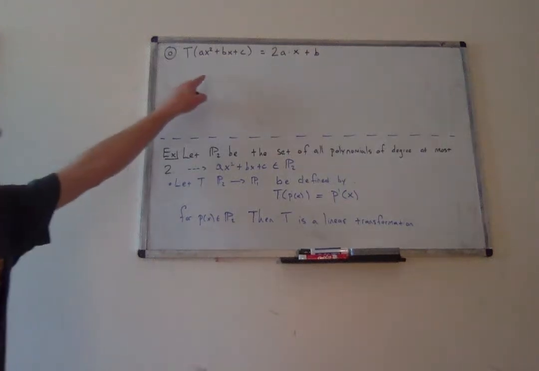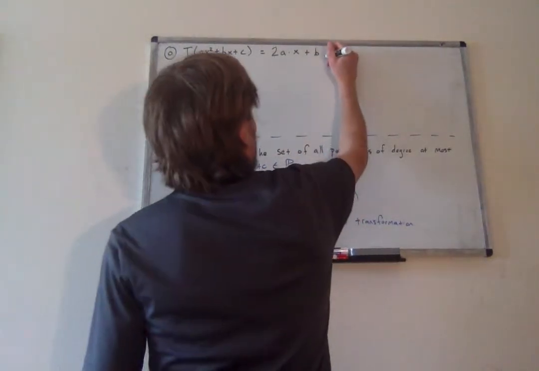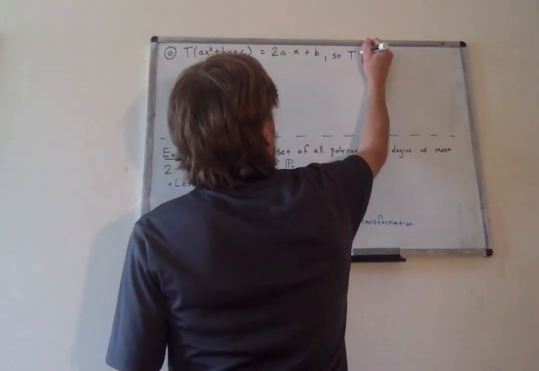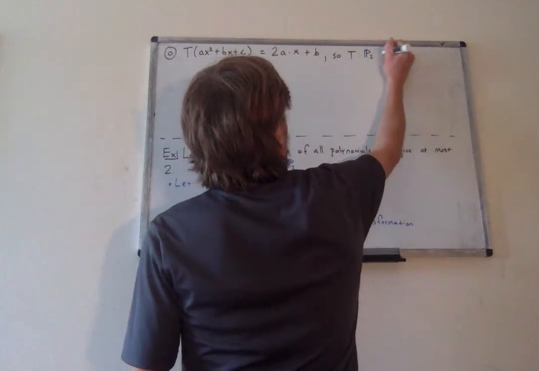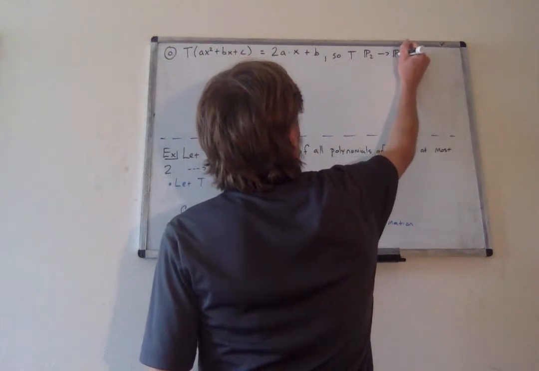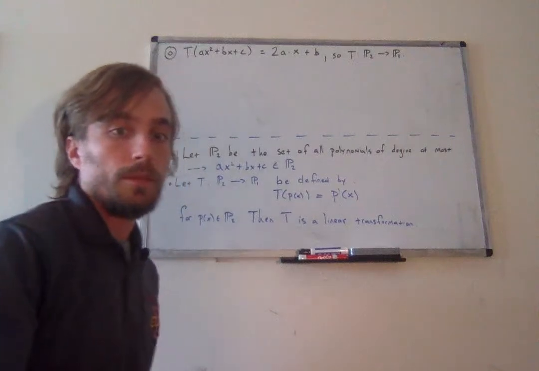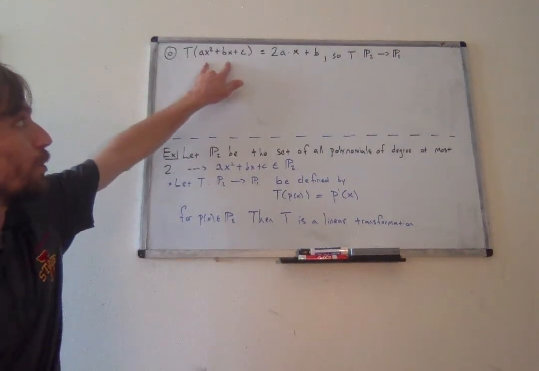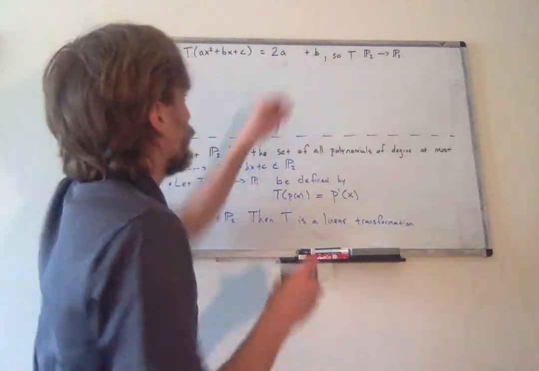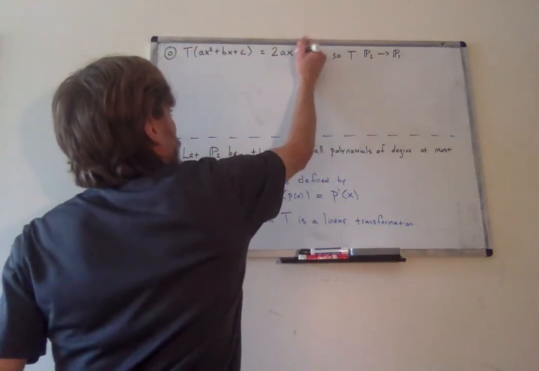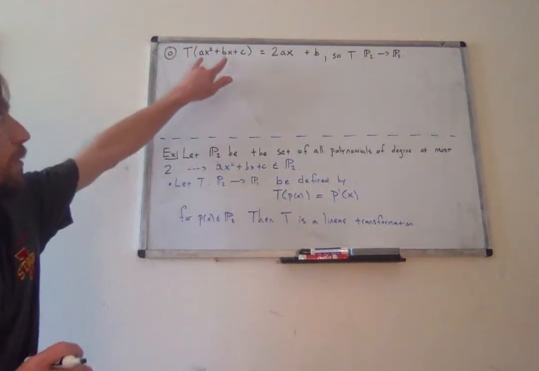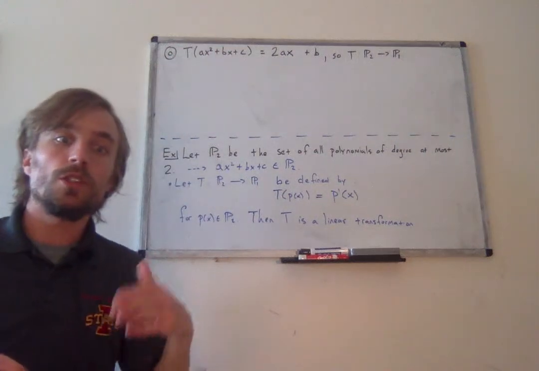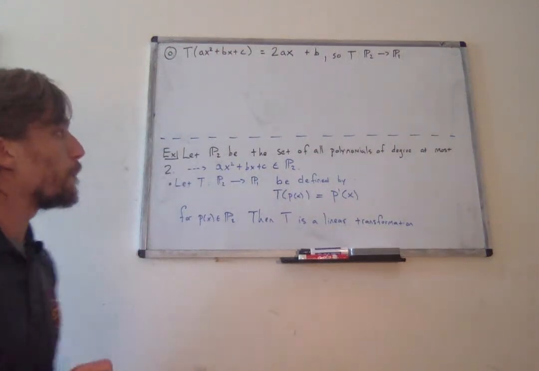And so notice T is in fact a function from polynomials of degree at most 2 to polynomials of degree at most 1. Right, because notice here, every polynomial of degree at most 2 has a derivative whose degree is at most 1. Because notice sort of the degree of each term decreases by 1, so we're good there.